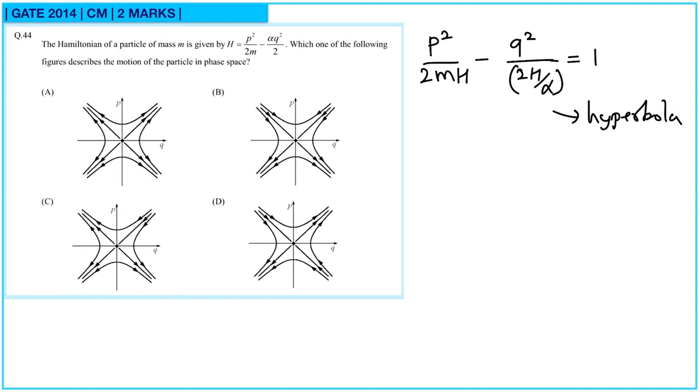Now what will be p? If you want to find out p, then from this equation p square will be twice m H plus m alpha q square by 2.